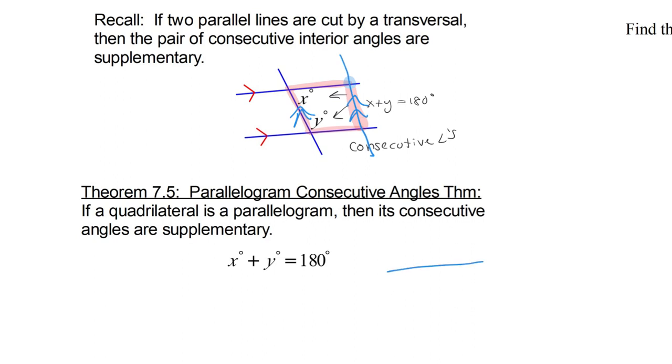So it doesn't matter where the parallelogram has its consecutive angles. They could be here and here. They could be here and here. They could be here and here. Or they could be here and here. As long as they're right next to each other, those two angles will always add to 180. Every time.